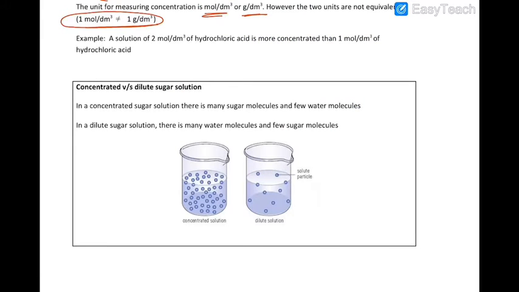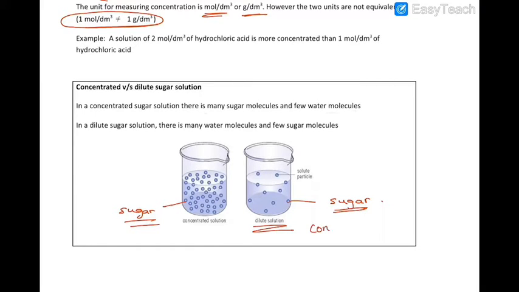Now if you look at this example here, you have a concentrated solution. So concentrated sugar solution, there's many sugar molecules and few water molecules. So these are sugar particles, solute particles, and you see there's a lot of solvent and a small amount of sugar. So this is a dilute solution.